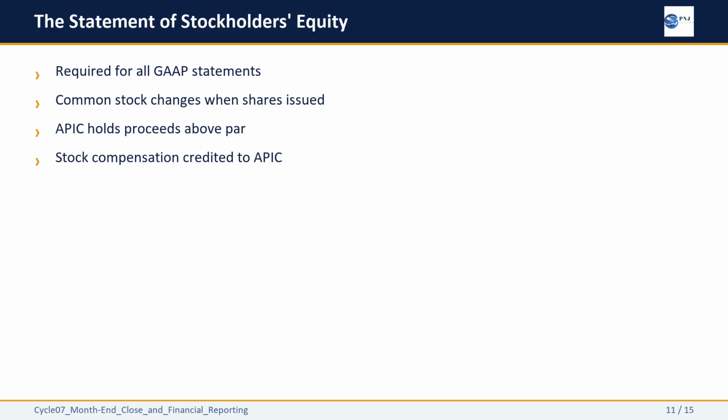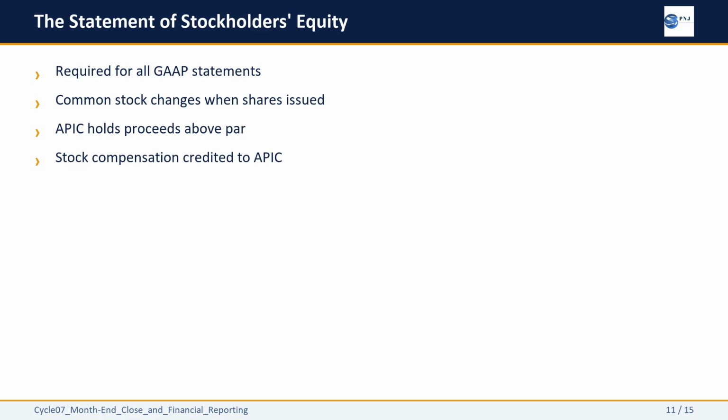How did each piece of equity change during the year? The statement of stockholders' equity answers that, and it is required for all GAAP financial statements, private and public alike. Common stock changes only when shares are issued, such as in an offering or option exercise, or when shares are retired.